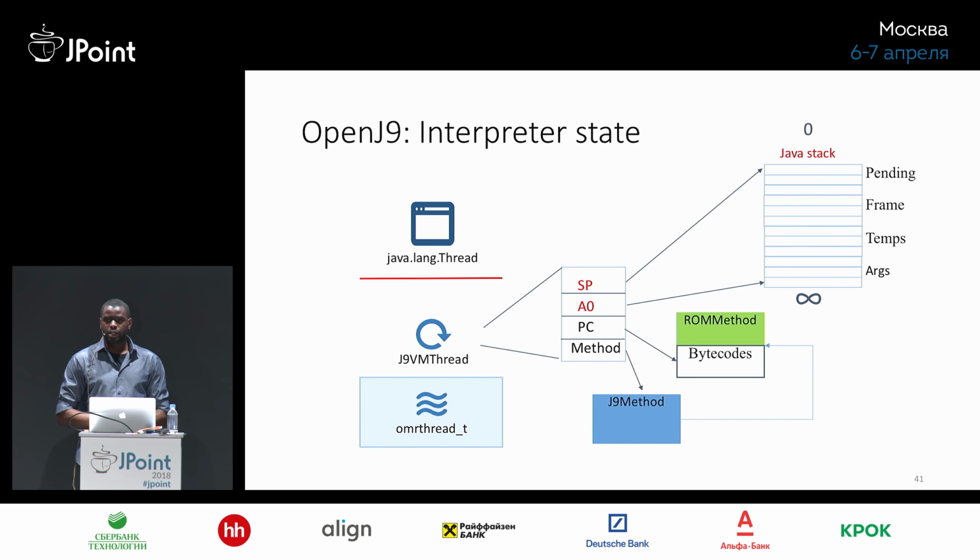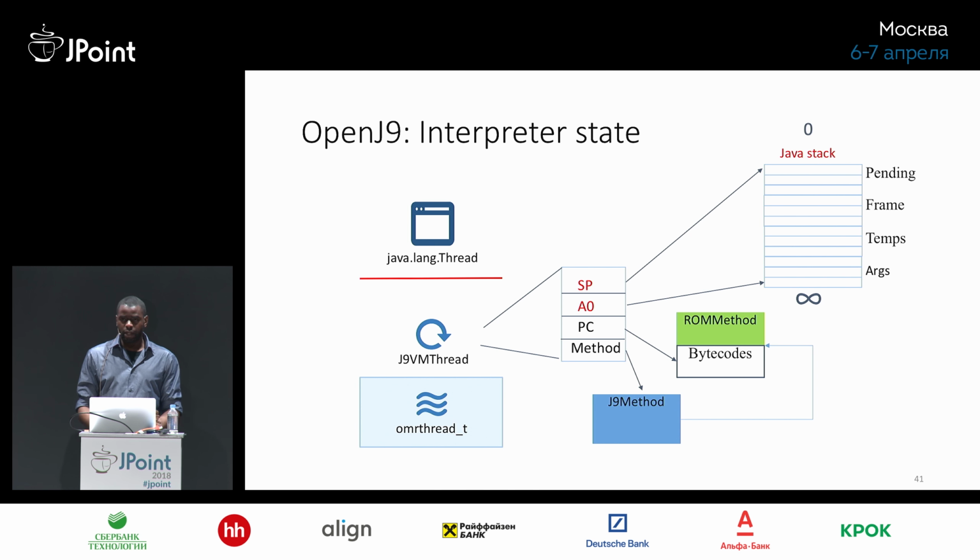And on the right is the Java stack. The frames are laid out such that the args go first, then the temp variables, and then the frame. The frame describes how to get back to the previous frame. And then above that are all the pending pushes for the next method call. The SP points to the lowest live value on the stack, and the A0 points to the first argument in the frame.